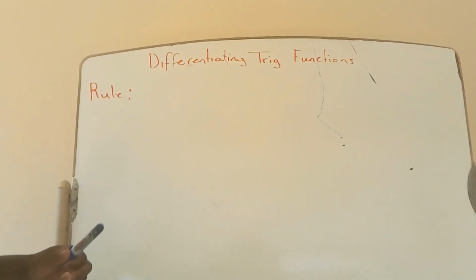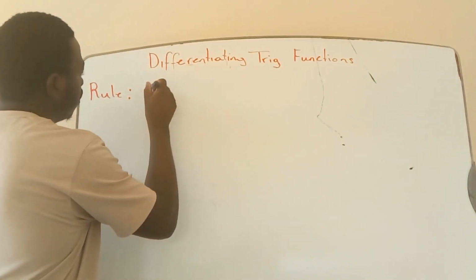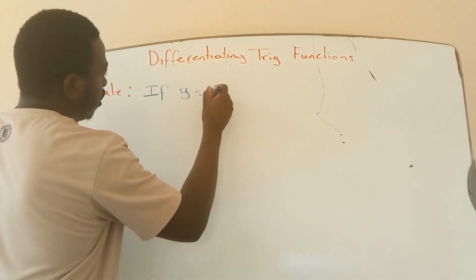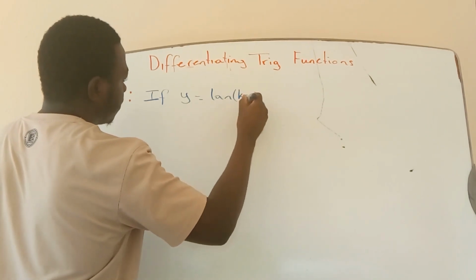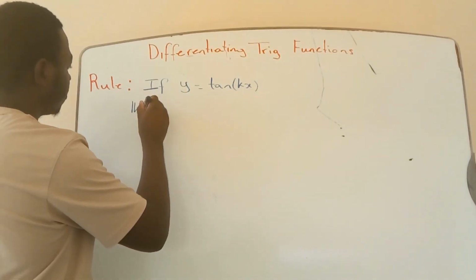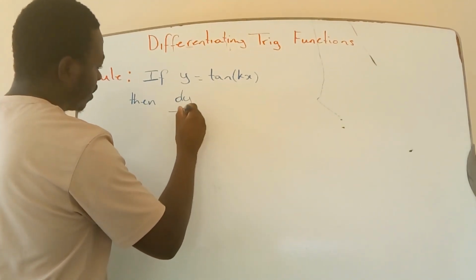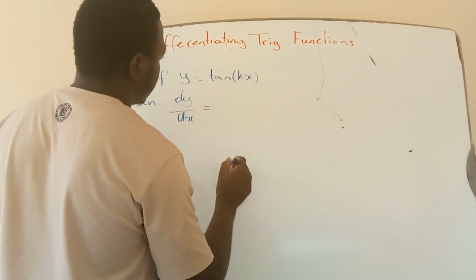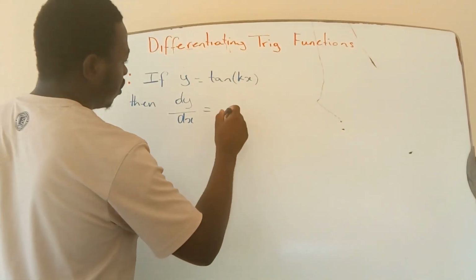So now we are going to look at how we differentiate a tangent function. So let me give you the rule first. So if y is equal to tan kx, right? And you are asked to differentiate this, then dy by dx is equal to differentiate what's inside of the bracket, which is kx, that gives you k.